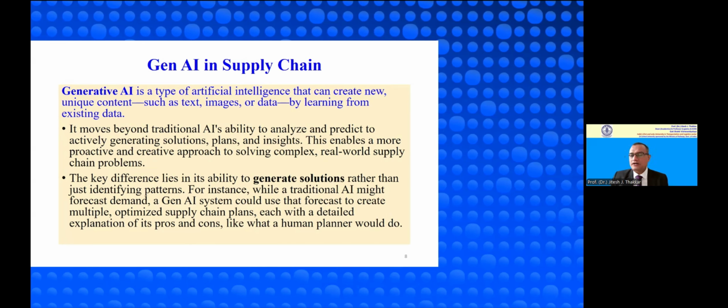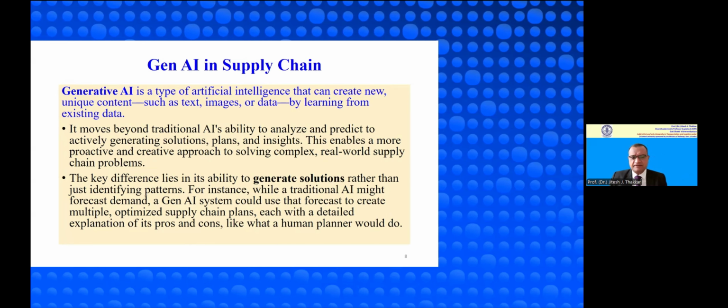It moves beyond traditional AI's ability to analyze and predict to actively engaging solutions, plans, and insights. And this enables a more proactive and creative approach to solving complex real world supply chain problems.